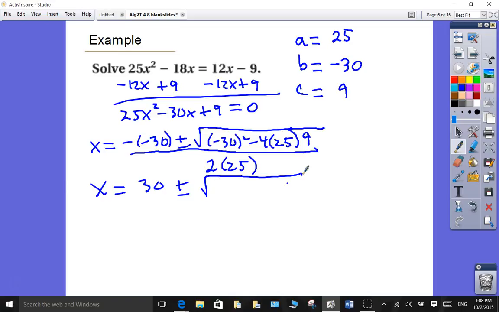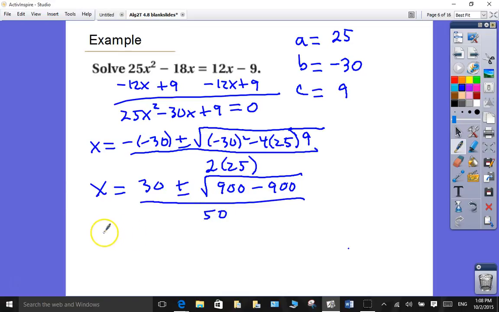A common mistake is that somehow you square a negative and you get a negative, right? That's going to get you on the wrong track. Negative 30 times negative 30 is positive 900. And then what is 4 times 25 times 9? 900. So this is 900 minus 900, divided by 50.